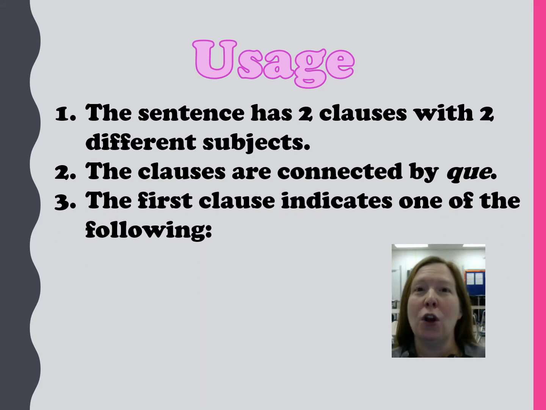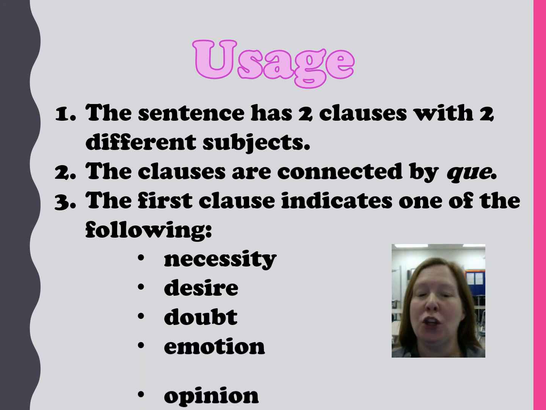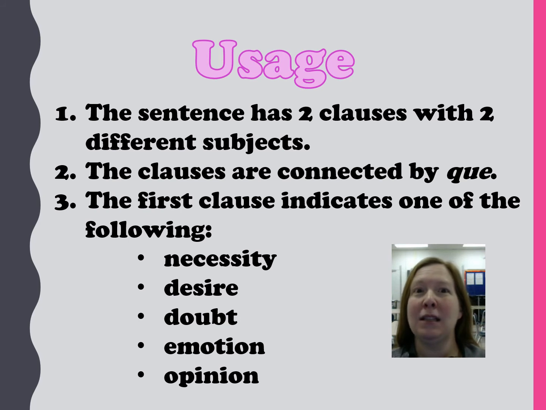The first clause has to indicate one of the things that we talked about for our impersonal expressions: necessity, desire, doubt, emotion, opinion. So your first clause has to be one of those things, and then if you have two clauses with two different subjects connected by que, then you're going to be sure to use the présent du subjonctif in the second clause.